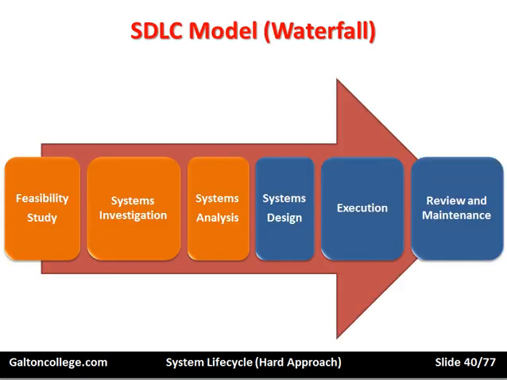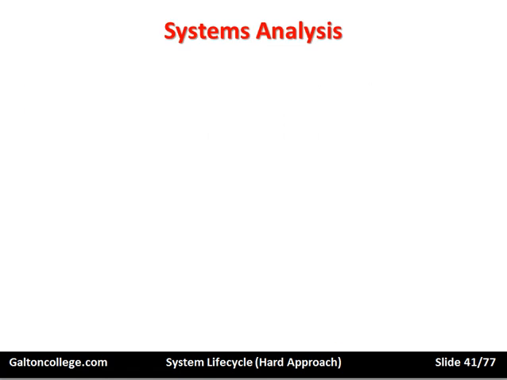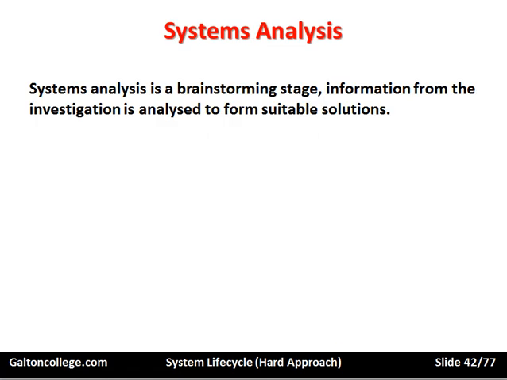Back to our model, we've looked at systems investigation. Now look at the systems analysis. Well, systems analysis is really the brainstorming stage. Information from the investigation is analysed to form suitable solutions.